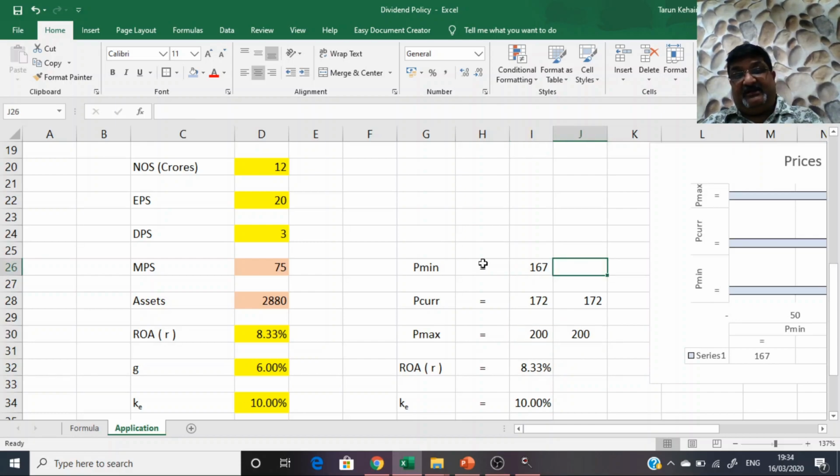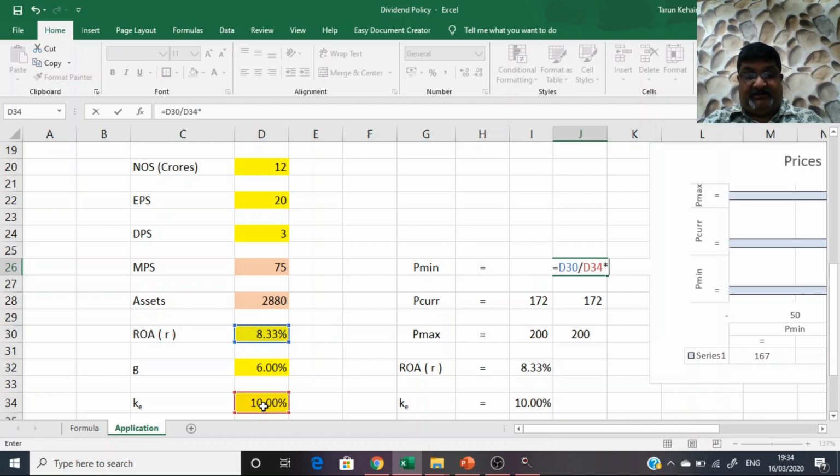And the price will be minimized when the company follows a completely inappropriate dividend policy, which means it does not declare any dividend at all. That means the dividend per share will be 0, and the entire amount of earnings, return divided by cost of equity into 20, because that's your earning, divided by the cost of equity.